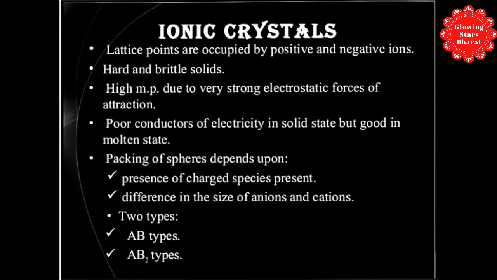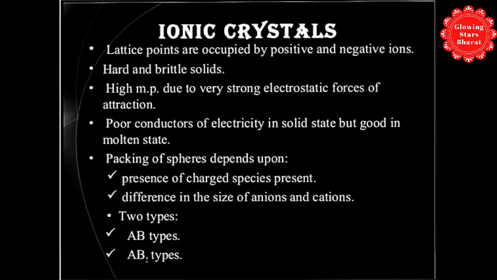They are hard and brittle solids with a high melting point due to very strong electrostatic forces of attraction. Poor conductor of electricity in the solid state but good in the molten state. And also packing of spheres depends upon the charge of the species present and the difference in the size of anion and cation.